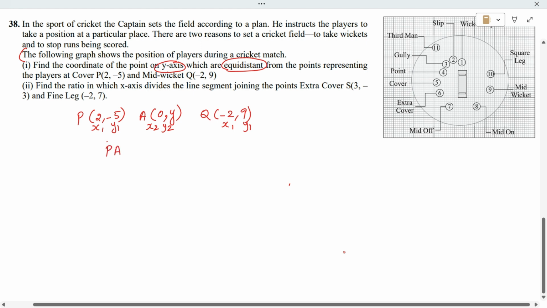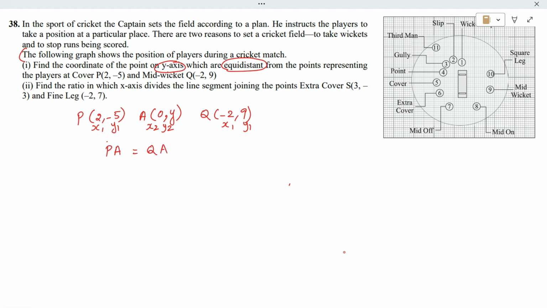So PA will be equal to QA because they are equidistant. And you know the distance formula between PA, that is root of x2 minus x1 the whole square plus y2 minus y1 the whole square. That is the distance formula which I am going to apply for PA.